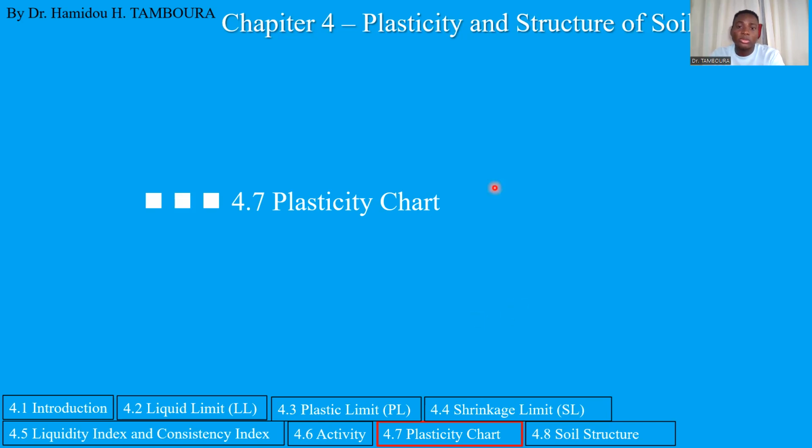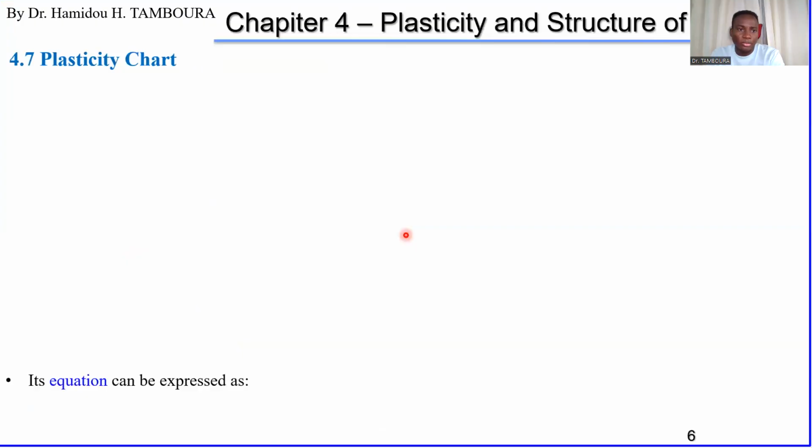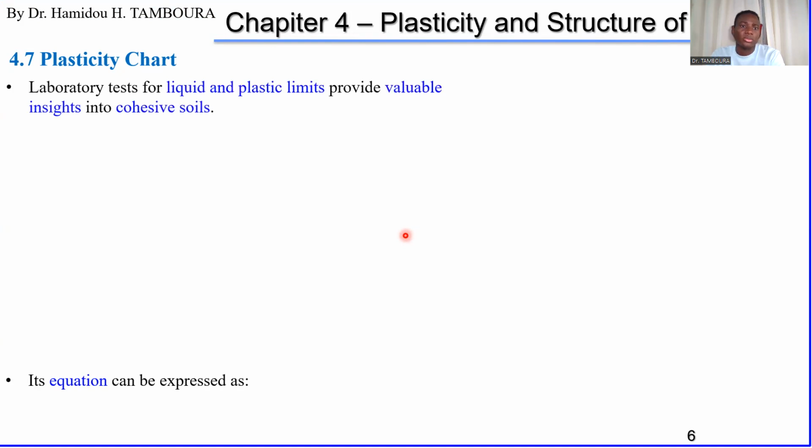This chart is very important for the classification of soil using the unified classification method. In this chapter, we have talked about plastic limit and liquid limit. These two limits can give a lot of information about any cohesive soil.